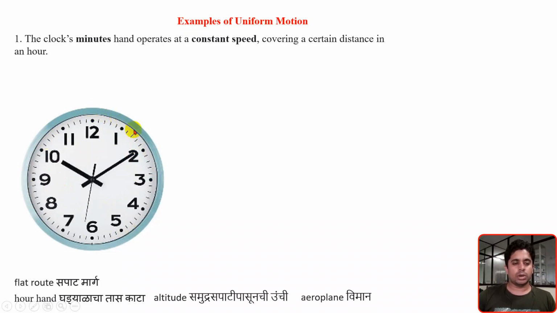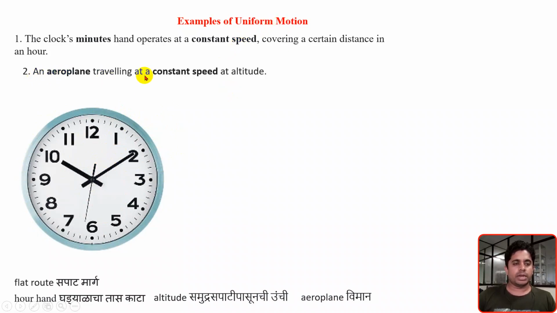So this tip of the minute hand, as it rotates, will cover a distance proportionate to the periphery or perimeter of this circle. But the thing is, this minute hand is rotating at a constant speed. So this is a very good example of uniform motion.